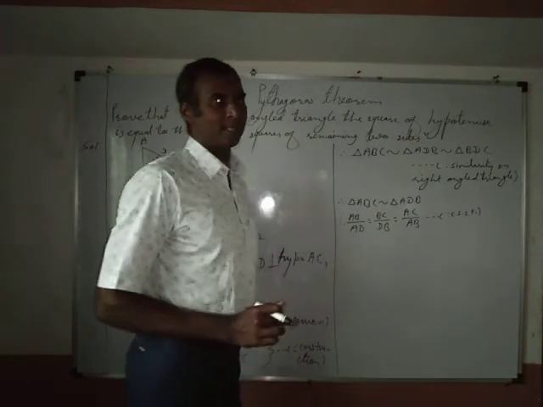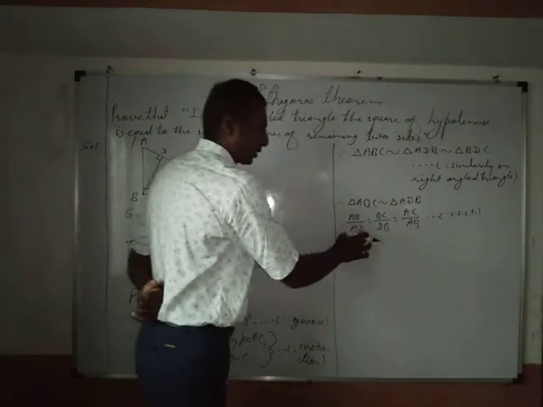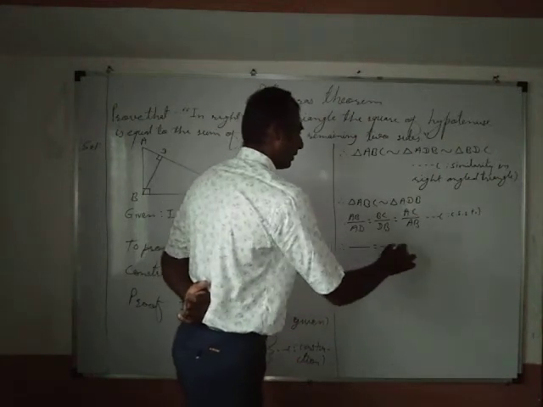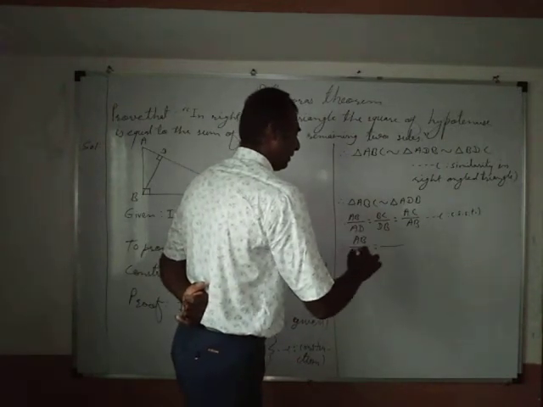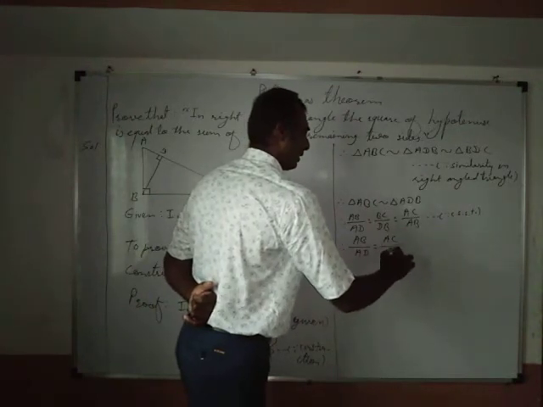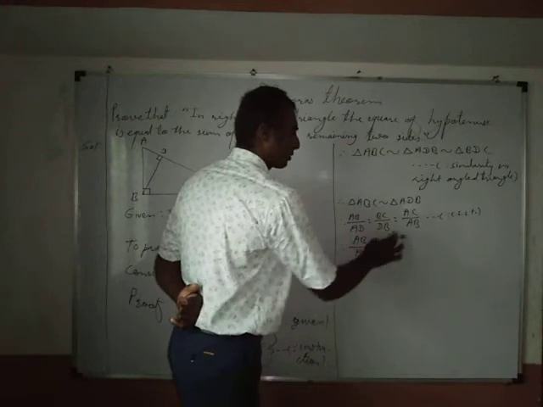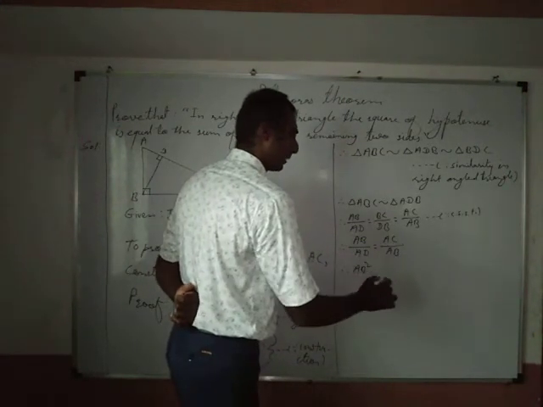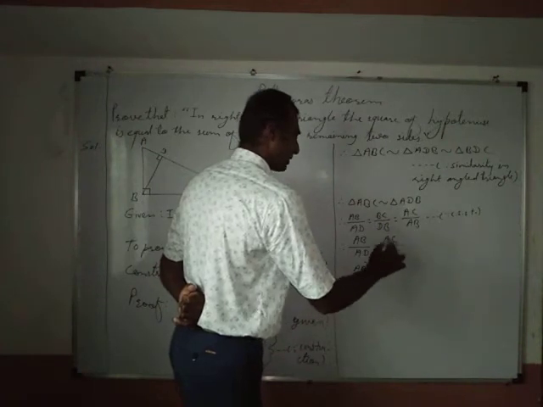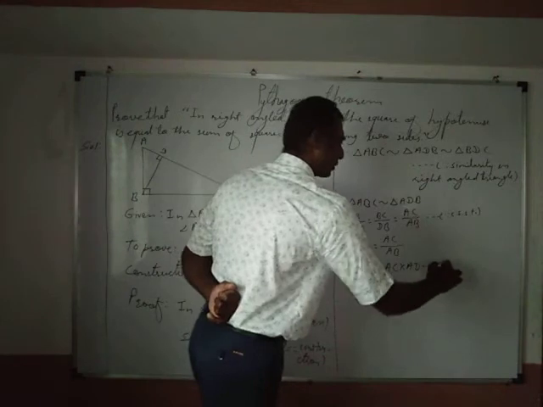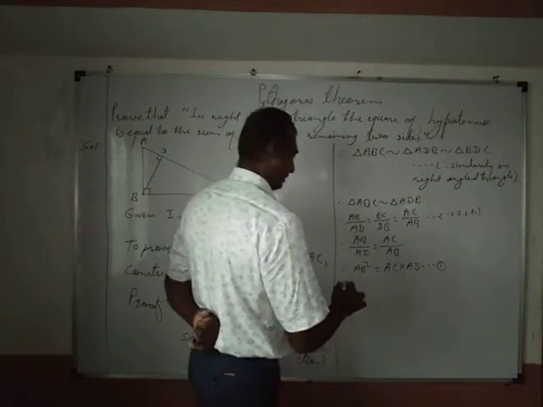Now let's select the first ratio and third ratio. Therefore AB upon AD equals AC upon AB. By cross multiplication, AB into AB gives us AB square equals AC into AD. Let's call it equation first.